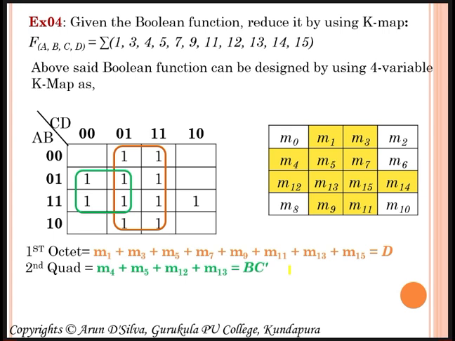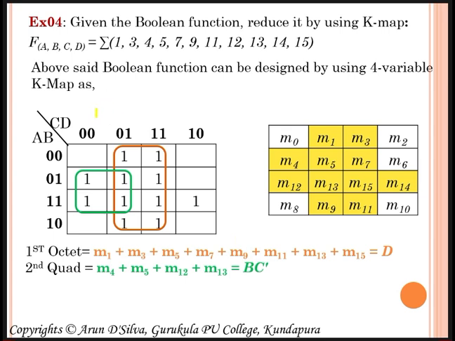How we got it, we will see. This belongs to the second row and the third row of the K-map. In the second row, AB value is 0, 1. In the third row, AB value is 1, 1. That means A value changes, 0 and 1. So A we should not consider. B we have to consider because B value remains 1 in both the rows. Therefore we have to write only B.